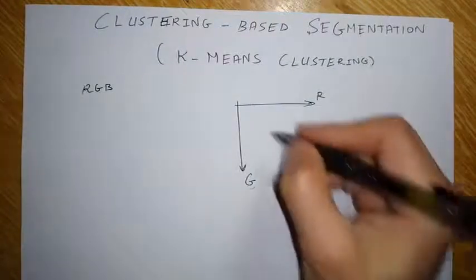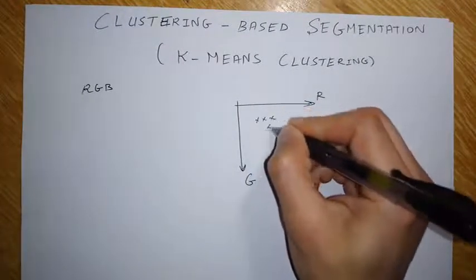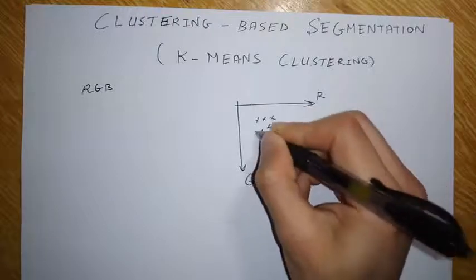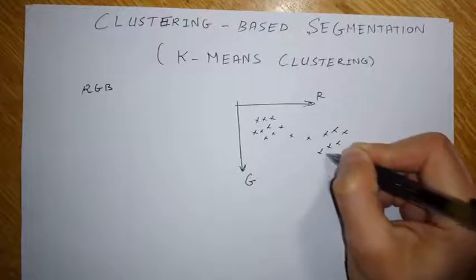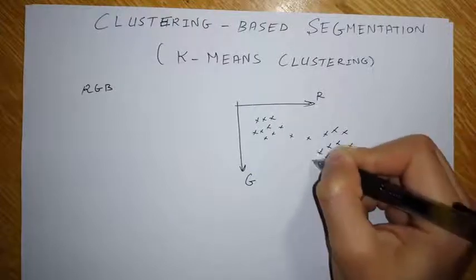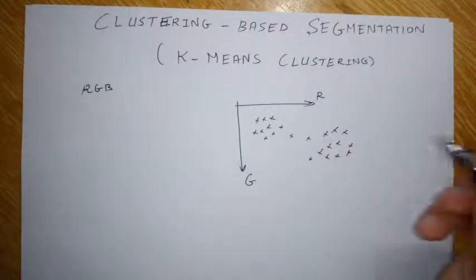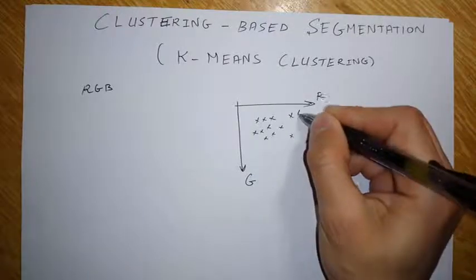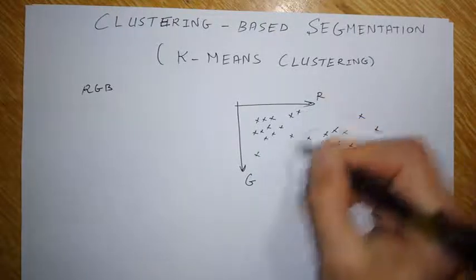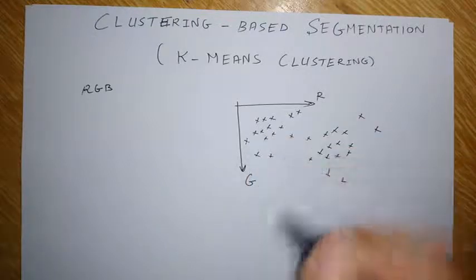I'm going to draw some data points to show you how this works. I'm going to intentionally draw two clusters with some data points scattered around these clusters just to make it look more realistic.